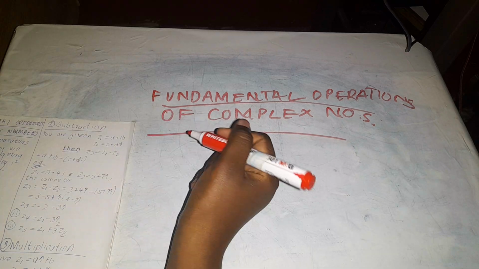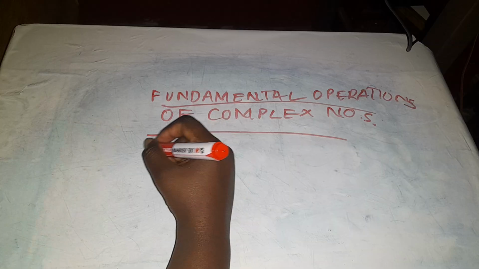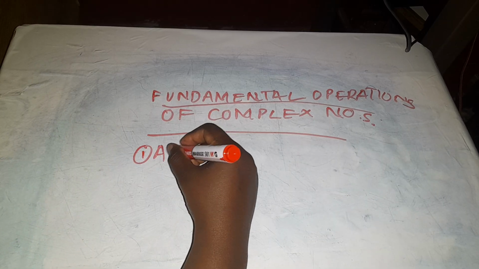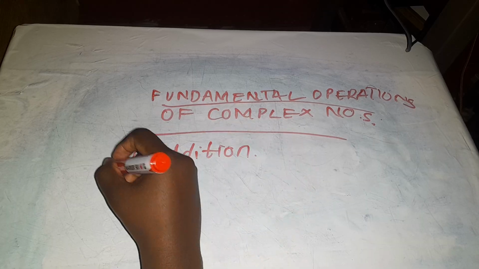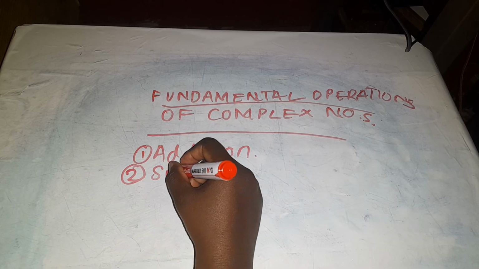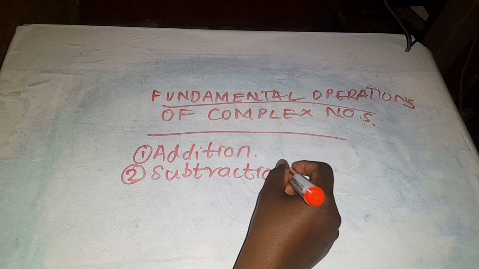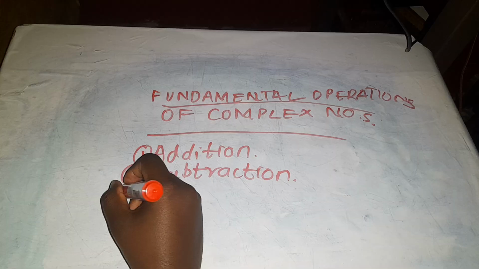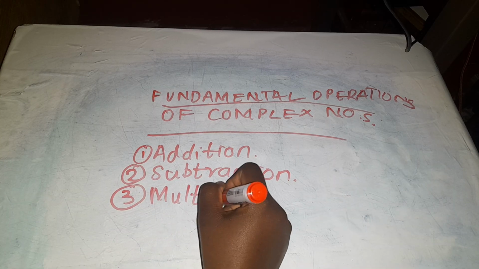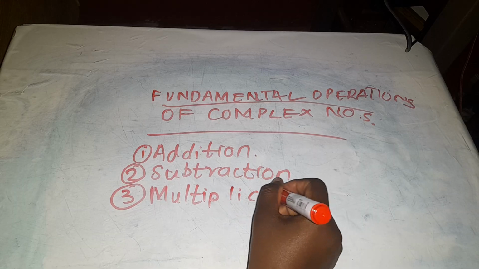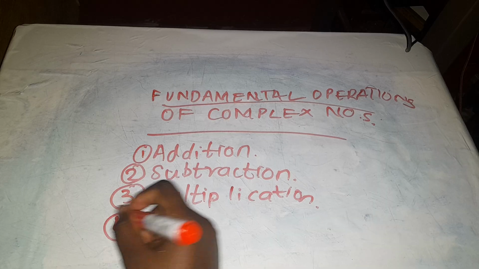In complex analysis, we have the fundamental operations of complex numbers. So number one, we have addition, and then we have subtraction, we have multiplication is number three, and then you have the division.